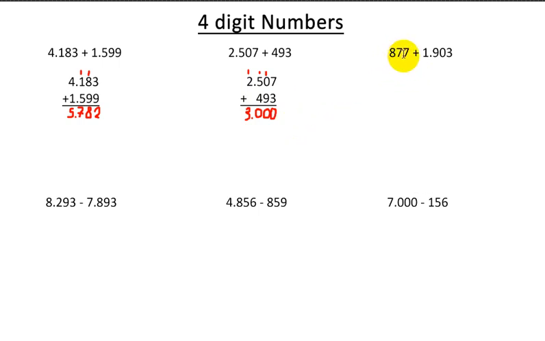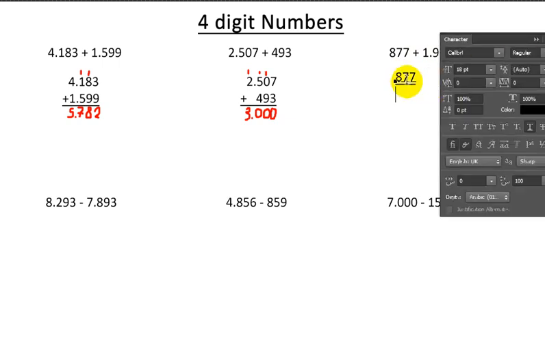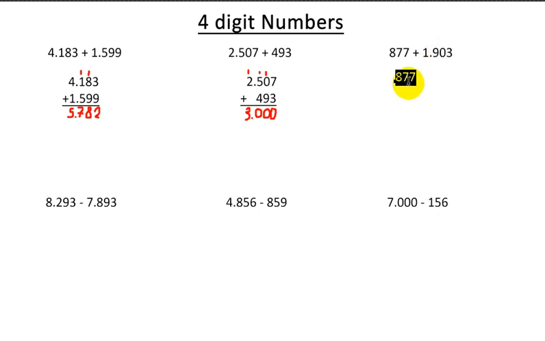In the next one, the 3-digit number is first, and this might be a little confusing. You might think, how do I place them? It doesn't matter. In addition, it doesn't matter. The smaller number can go first. Only in addition, though. In subtraction, we can't have it like that. Remember, when I try and put the smaller number first in subtraction, like let's say you try and do 1 take away 5. So you should imagine if you have 1 pencil, is there a way you can give 5 to someone?